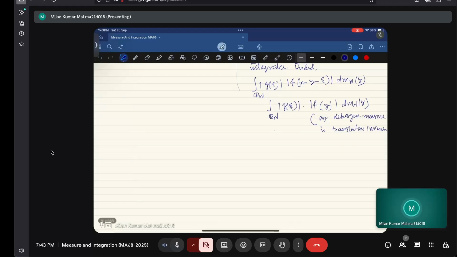And now f is integrable and g(ξ) is constant, so that will be finite. So this is the reason.